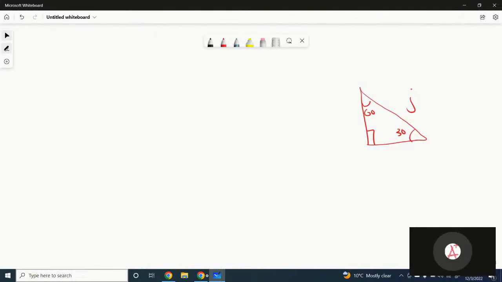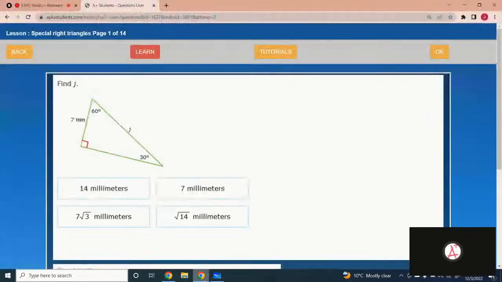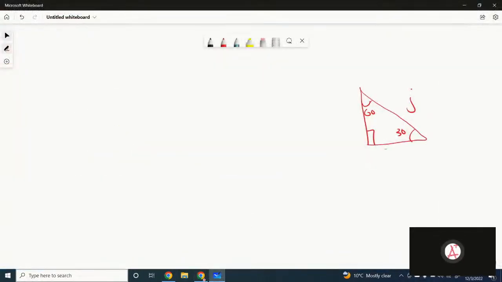In this case, the one side you are given is 7 mm. Whenever you have to find the length of the hypotenuse, use the length of the shorter leg. The hypotenuse equals 2 times the shorter leg.